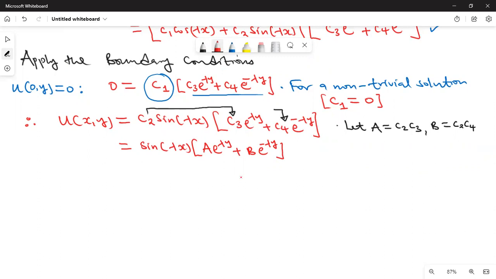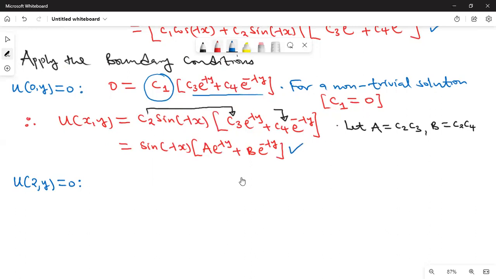Now, we also have another boundary condition. Let's apply the boundary condition at x is equal to 2, u(2, y), again, this is 0. What does it mean? When you substitute x equal to 2 here, you need to get u equal to 0.